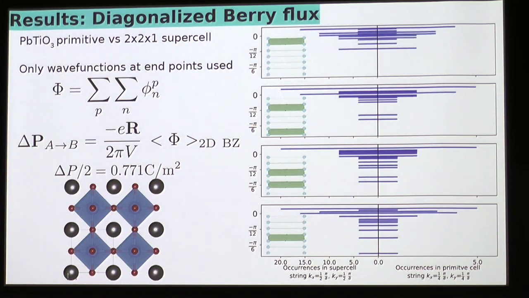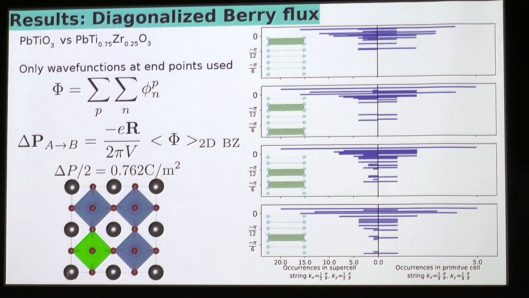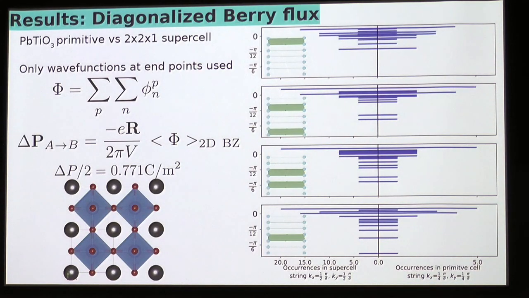So on this slide, I've taken what I showed you before and turned it on its side. On the right are our primitive cell Wilson loop eigenvalues, and on the left is the corresponding string for a supercell.